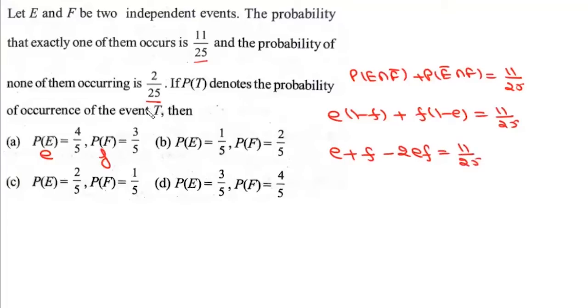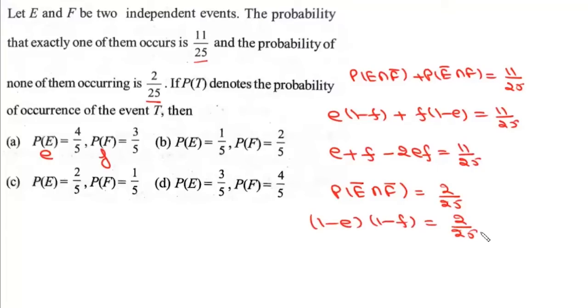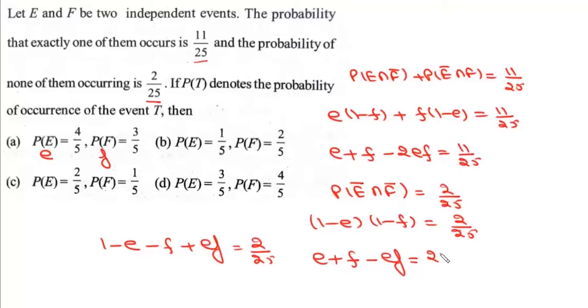And the next one is none of them occurring. So none of them occurring is the probability of E complement intersection F complement, and it will be 2 by 25. Now this is (1 minus E) into (1 minus F), and it is 2 by 25. So we can write this as 1 minus E minus F plus EF will be 2 by 25, or E plus F minus EF will be 23 by 25.